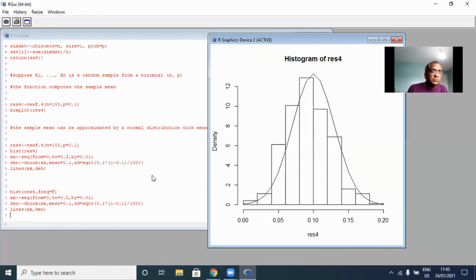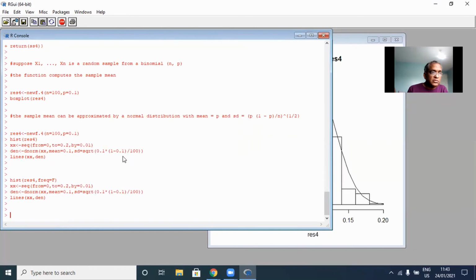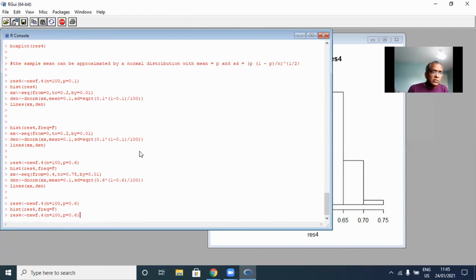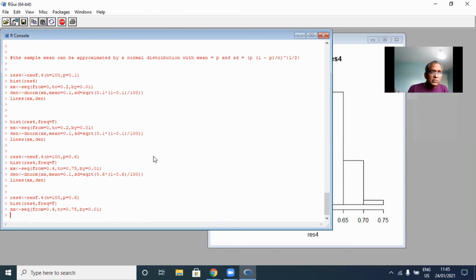Now let's try this with a different value for P. Suppose we simulate with n equal to 100 and P equal to 0.6, then draw a histogram of it. Then compute the x values.